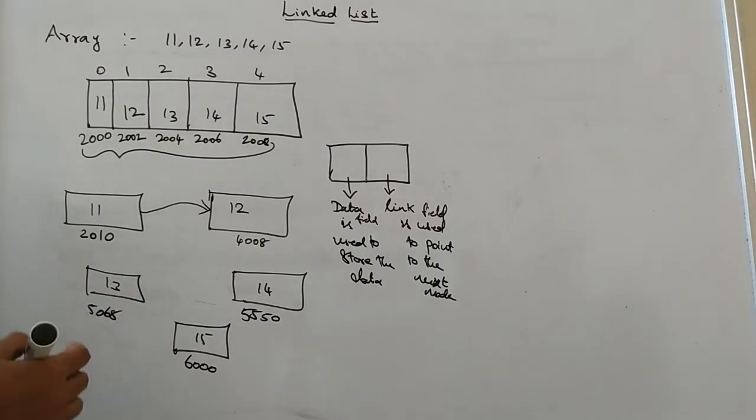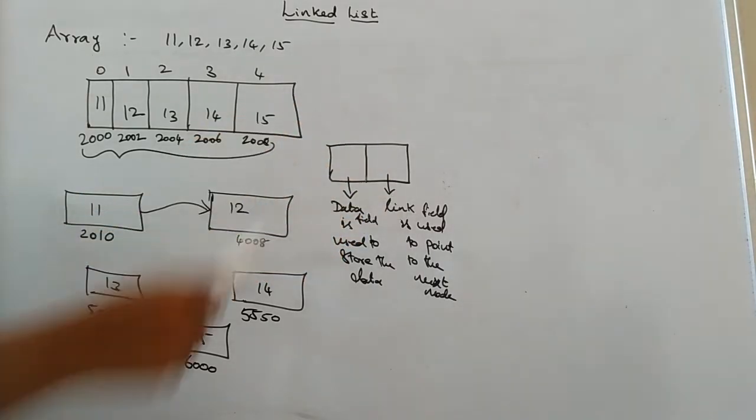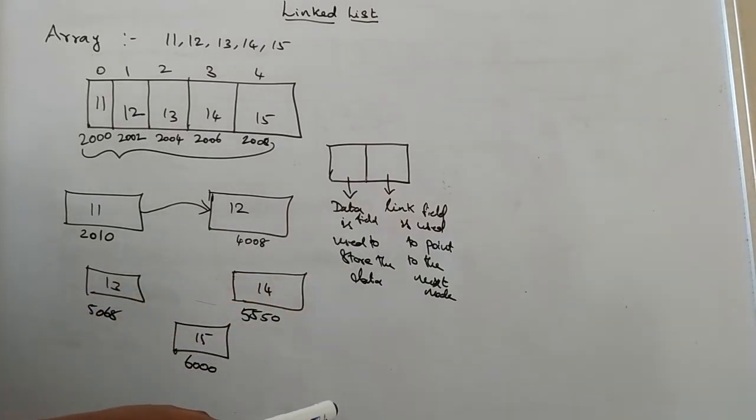So once you take a linked list, it will have a list of nodes, and each node will have two fields: the data field and the link field. The data field stores the data, and the link field refers to the address of the next node.